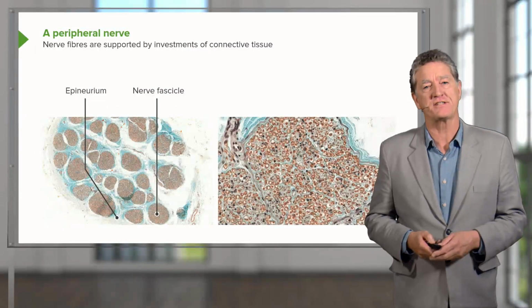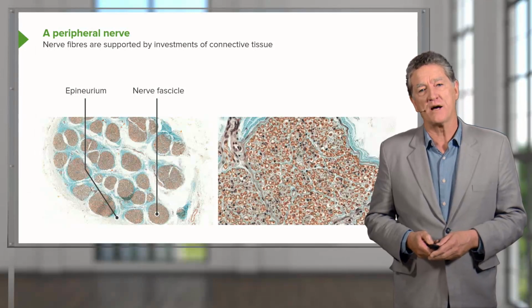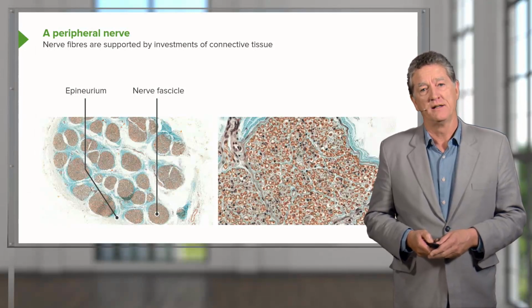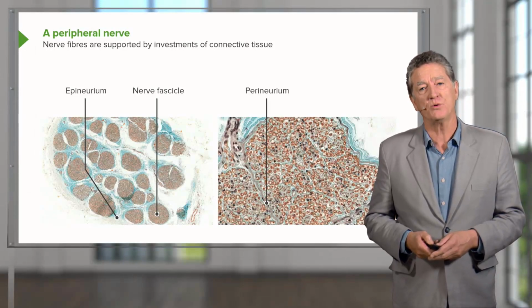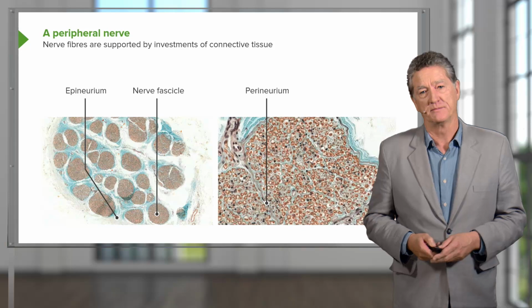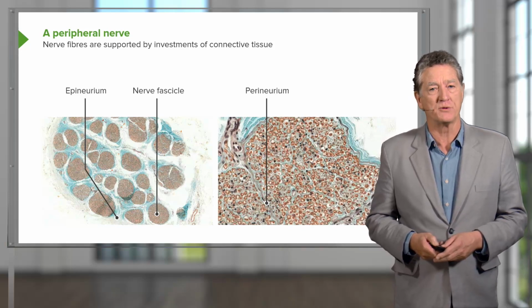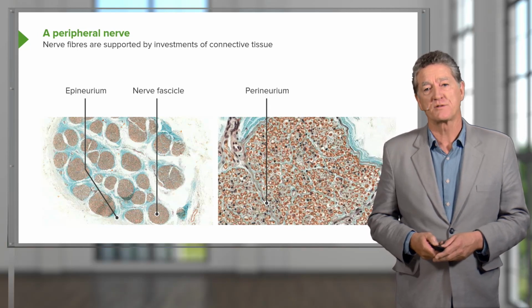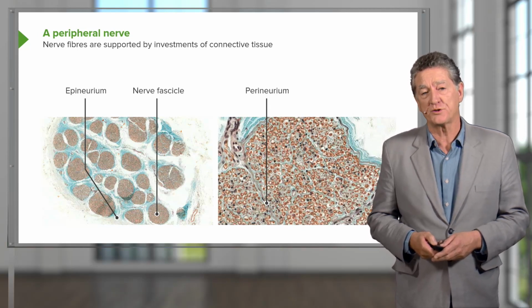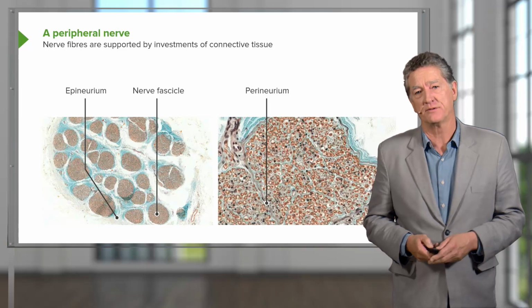Each of those nerve fascicles, remember, is surrounded partly by the epineurium, but also the perineurium. The perineurium divides these bundles into smaller components, but also wraps up the outside of the bundle.